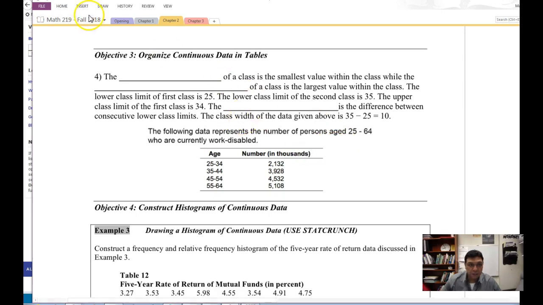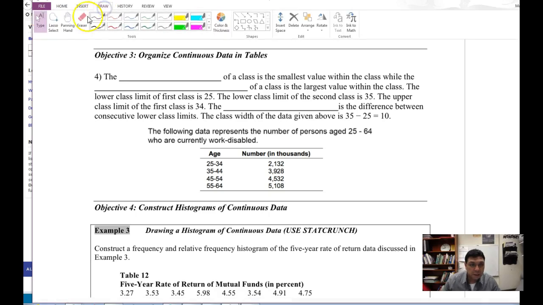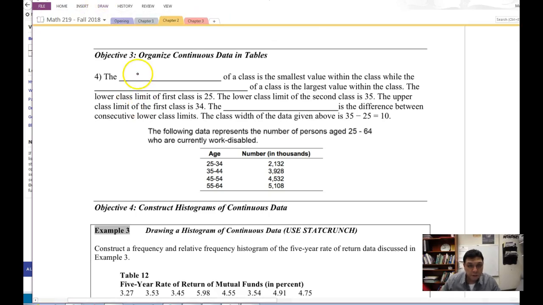You should have your note sheets out. And so we're looking at right here. We have some terms that go along with the histogram. The first one is what's called the lower class limit. You can get that from the PowerPoint or from my writing here: the lower class limit of a class is the smallest value. That's important right there.